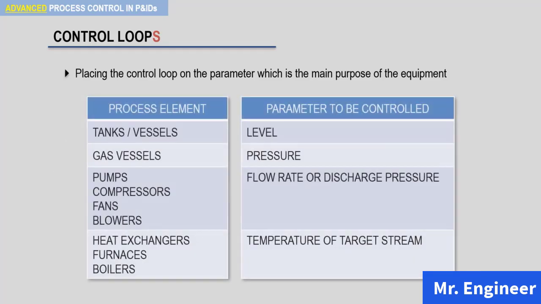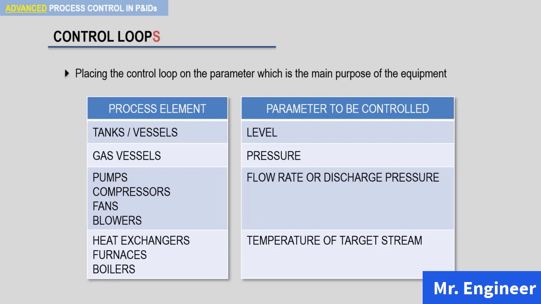Take a look at the following table. It lists the most common pieces of equipment and their main process parameter that needs to be controlled. For tanks and vessels, the parameter to be controlled would be level. For gas vessels, it would be pressure.